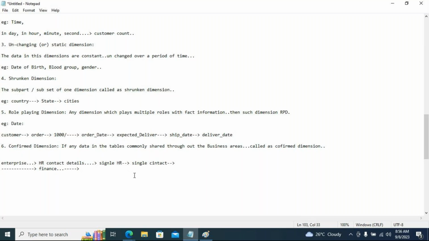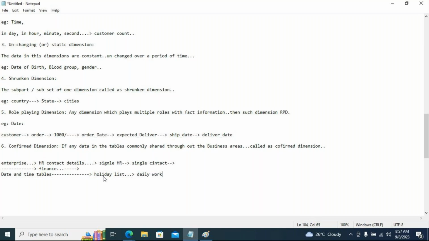One more thing: there are date tables defined in any enterprise. Why are date and time tables required? Why are they defined? The holiday list comes from the date tables.